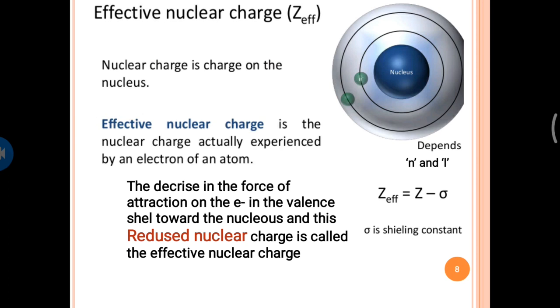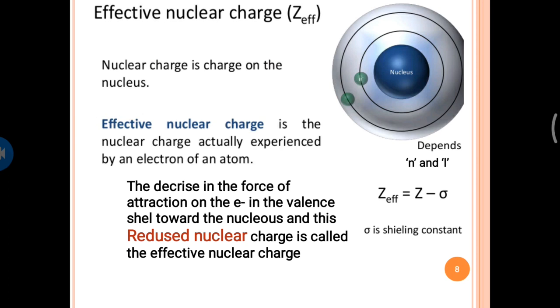This effective nuclear charge depends on the n and l values, the principal quantum number and the orbital quantum number.